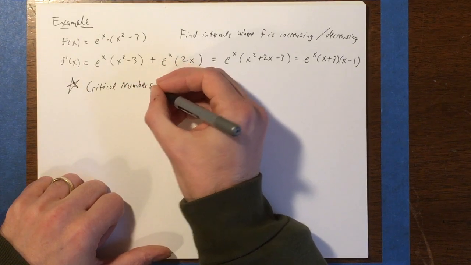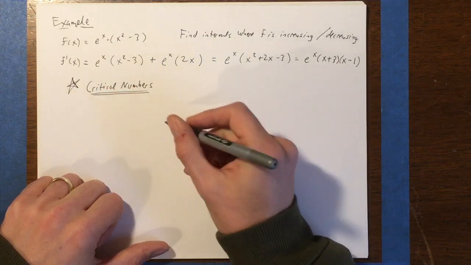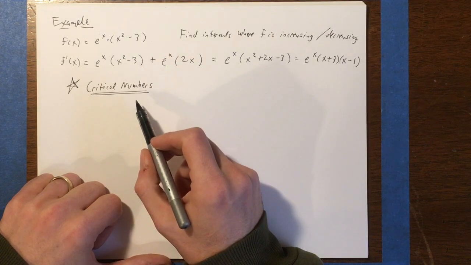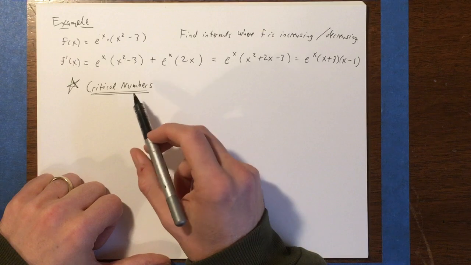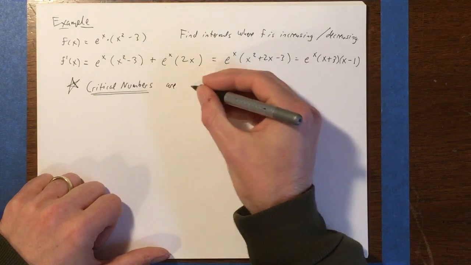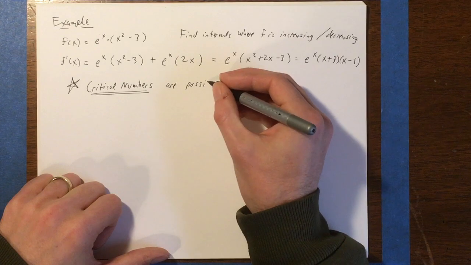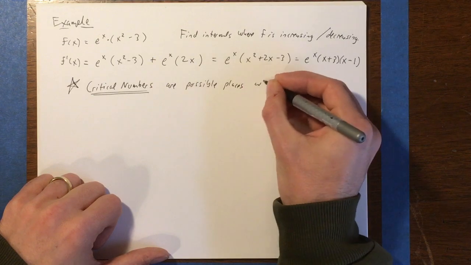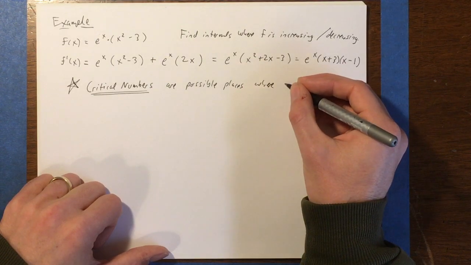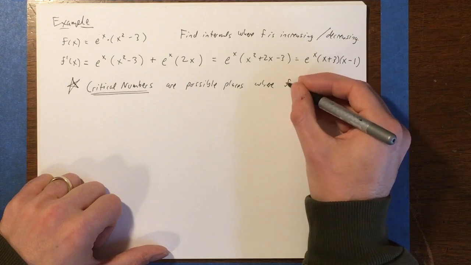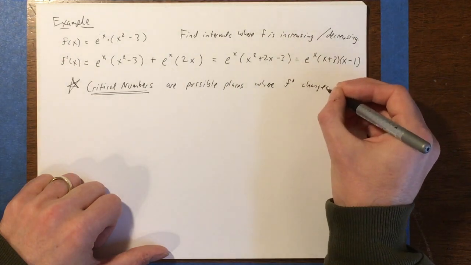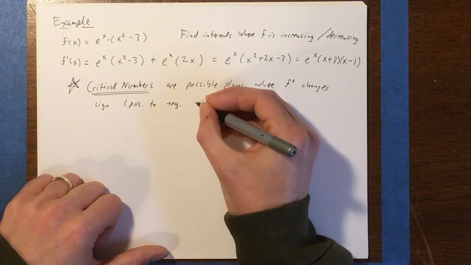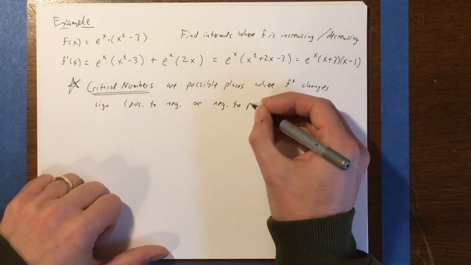Well, critical numbers are an important thing to use in this section as well, because critical numbers are not only candidates for local extremes, like local maximums and local minimums, but they're also possible places where f prime changes sign, which would be positive to negative or negative to positive.